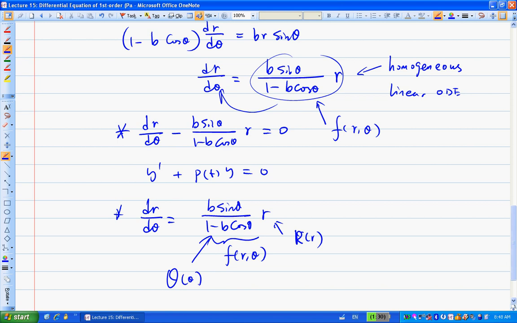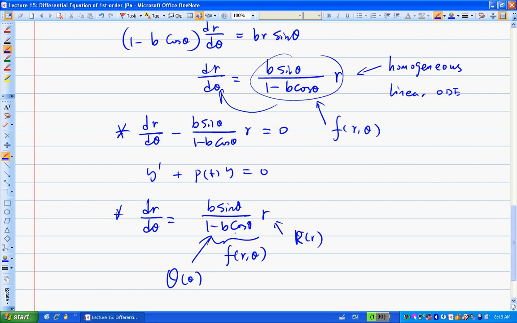So that's the separable equation. For this particular one, you can put it in the category of a linear homogeneous differential equation, first order. You can also put it in the category of a separable equation. Is that clear? Okay.